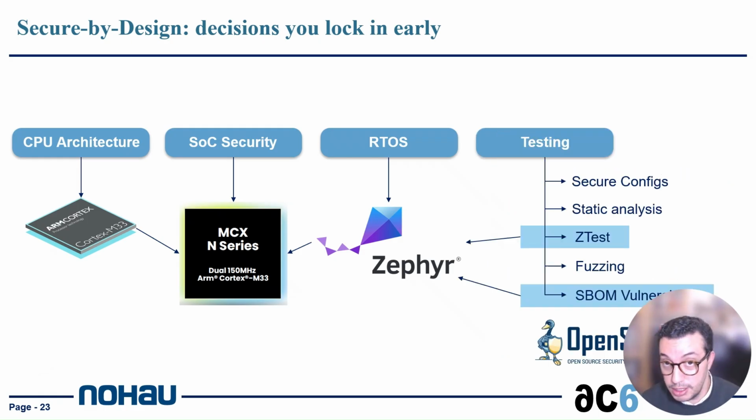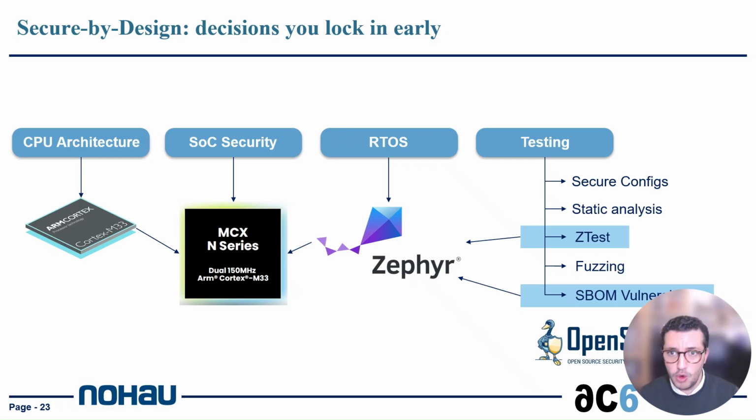A very big subject, which is the testing. Here I'm just giving you an overview about it. With security testing, we can have secure configurations that we are going to show are implemented or not. We can use some static and dynamic analyzers. You can use Ztest, which is a very good feature in Zephyr. Ztest is Zephyr's native unit test framework.